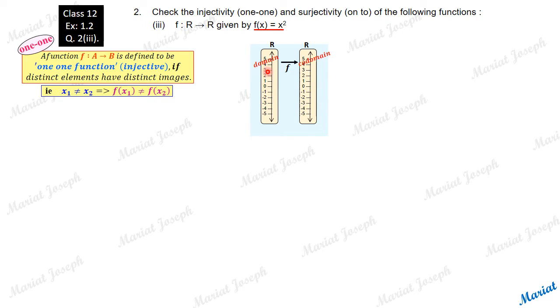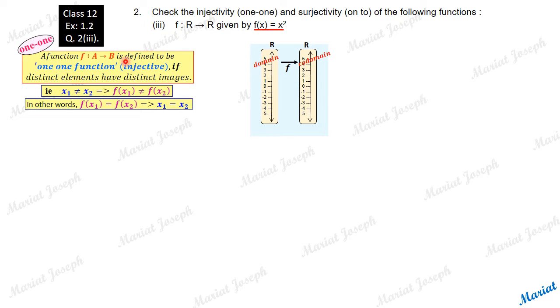If you take an x1 and an x2 which are unequal, then their respective images f of x1 and f of x2 should also be unequal. Or in case the images happen to be equal for some elements x1 and x2, then x1 and x2 should be equal. Both of these ways we can interpret this definition.